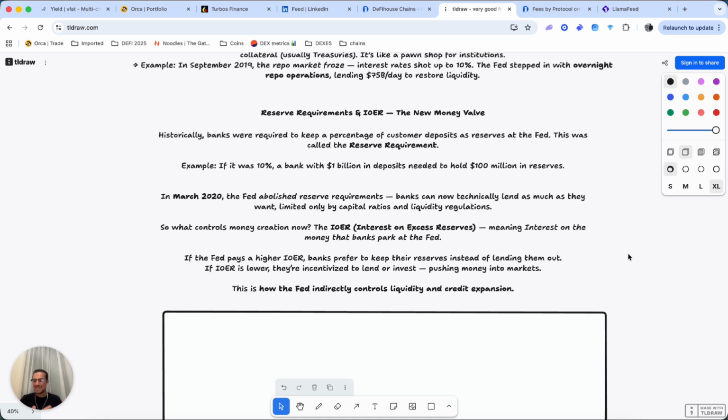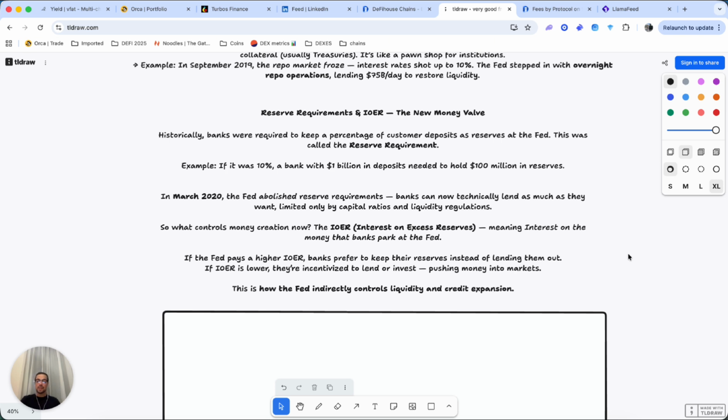So this acts kind of as a reserve that is stored at the Fed. Or if the Fed pays a lower interest rate on excess reserves, they are incentivized to lend or invest, pushing money into the markets. So essentially, this is how the Fed indirectly controls liquidity and the whole credit expansion.